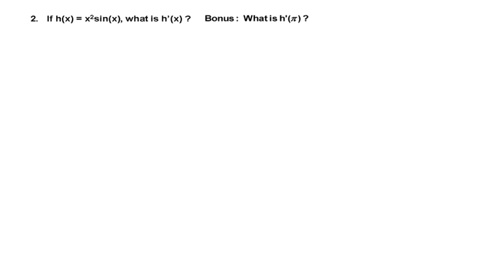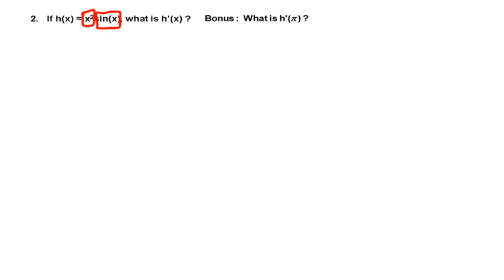Okay, next problem. 2. If h of x equals x squared sine x, what is h prime of x? Bonus, what is h prime of pi? For that, we have a product of two functions here, x squared and sine x.